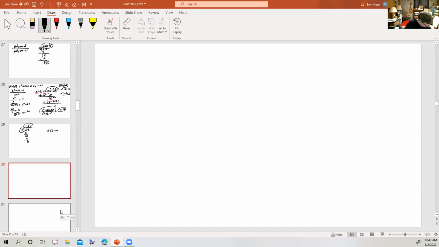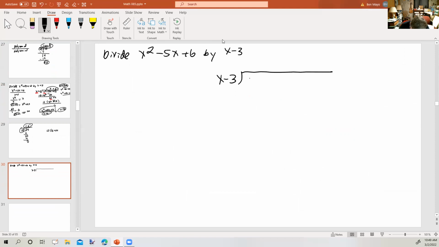Let's say we've got divide x squared minus 5x plus 6 by x minus 3. So I've got x minus 3 on the outside, x squared minus 5x plus 6 on the inside.